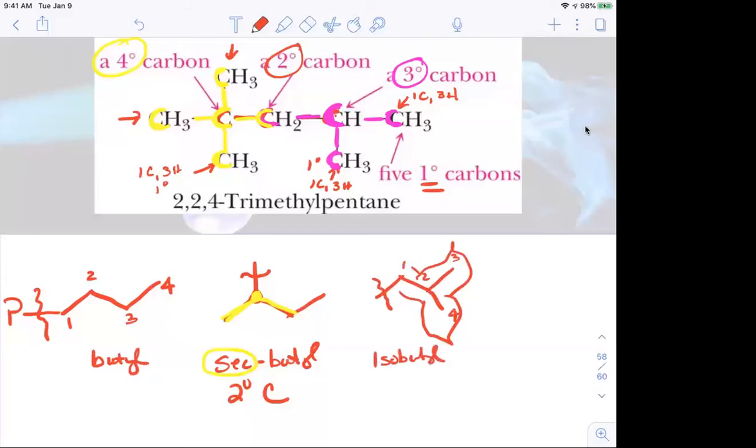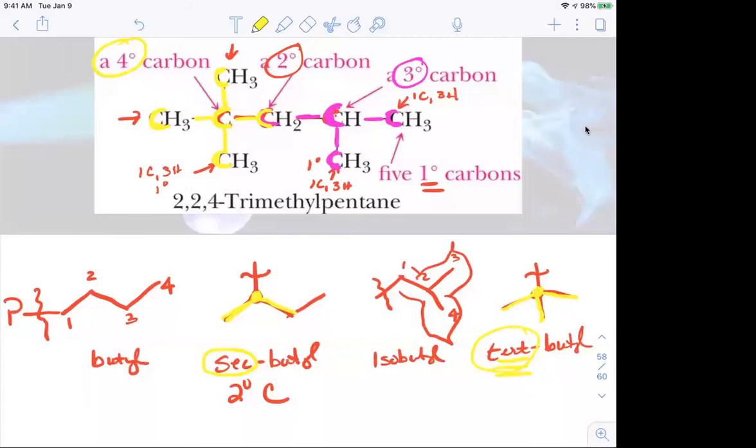And then recognize if I have something attached and I have 3 other carbons, this carbon is the tertiary carbon. So this is my tert-butyl group. So when I look at it, I have a carbon attached to 1, 2, 3 other carbons. That's where I get the tert part of the name.